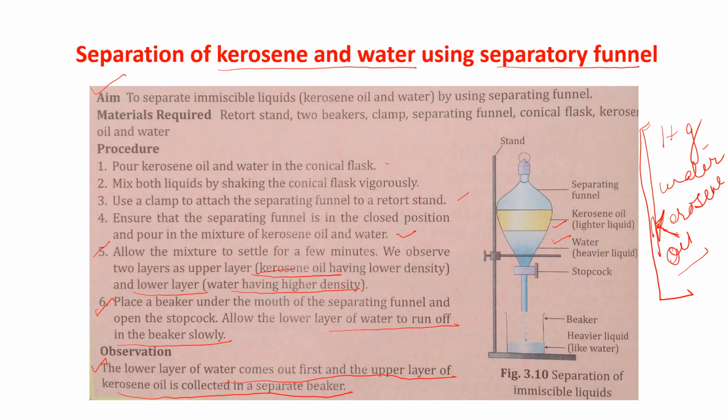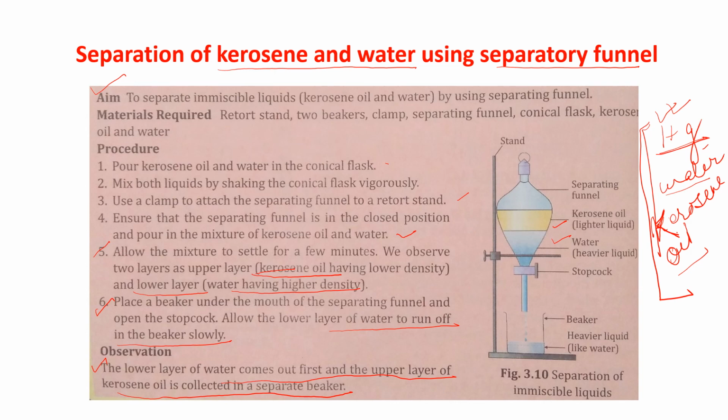If the three are there, you mix these three, and this will make an immiscible mixture. Now mercury is the heaviest one; the density of this is the highest. So mercury will take the lower level, then water, and then kerosene oil.